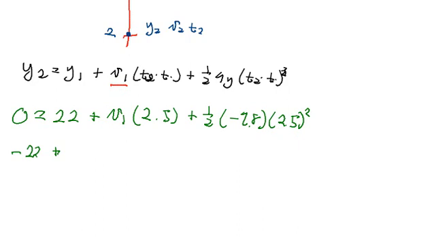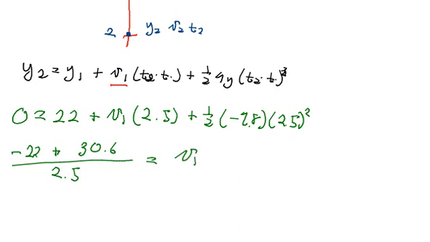So that's 23, oops, I made a mistake there. 2.5 squared times 9.8 divided by 2 is 30.63. So we'll just round that to 30.6. And then we divide that by the 2.5 that's in front of the v1.